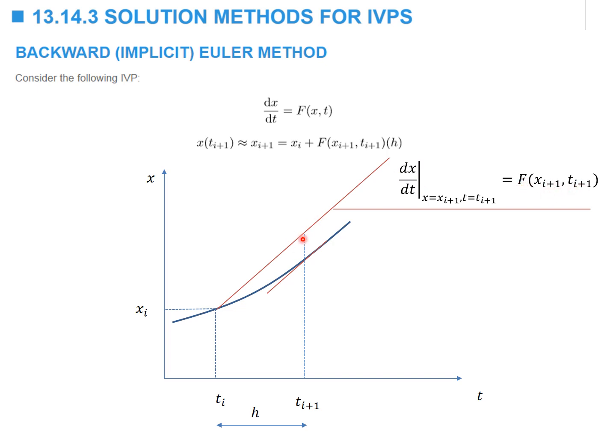I know the slope here, and then I can advance from this point along this slope, when I move horizontally by distance h, to reach the value of xi plus 1, which is an approximation for the true value which lies on the curve. And this shows the expected error, the local error in one time increment.